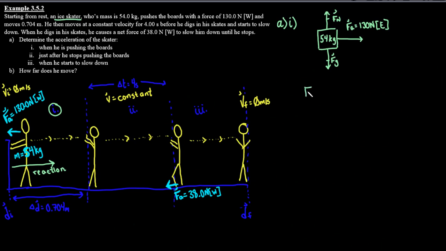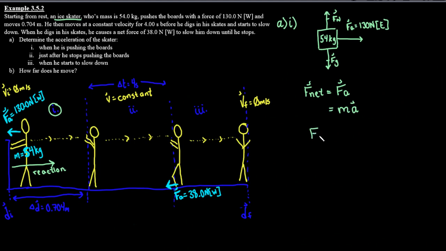So if we look at the F net acting on him, then the only force that contributes to that F net is this applied force. And we'll recall, any F net equals a mass times an acceleration.